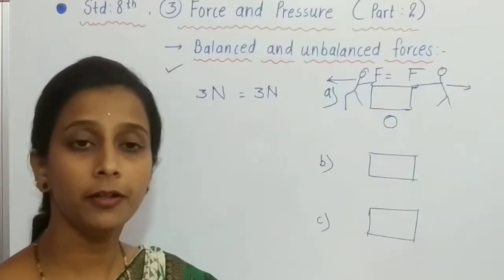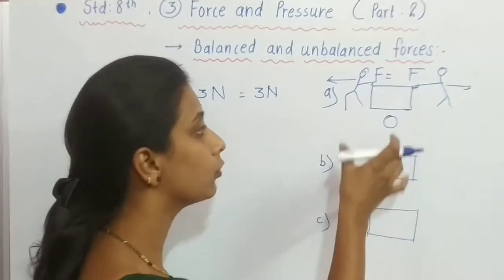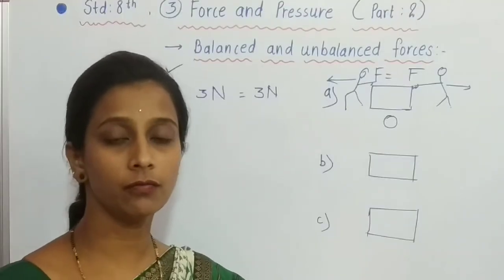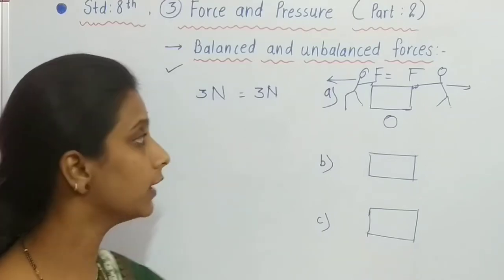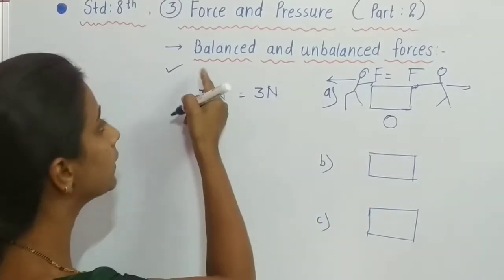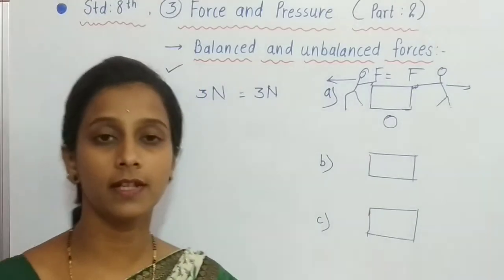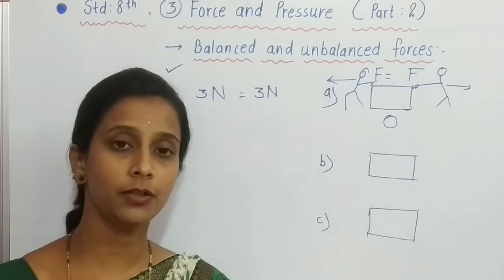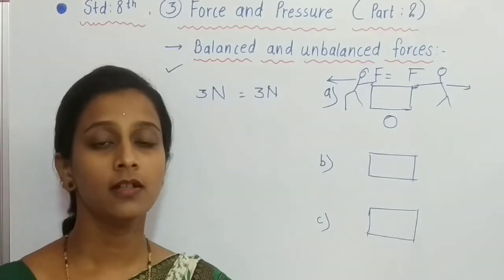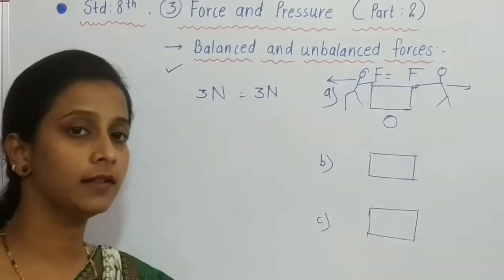Means here 0 force is acting, and due to that the object will not move. Understand? And such kind of force is called a balanced force. Once again, see the definition. A force acting on a body with equal magnitude in opposite direction is called a balanced force.